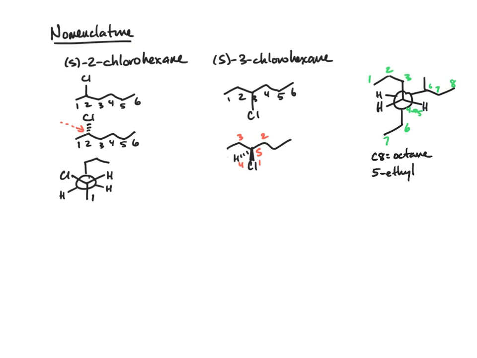And then what's off carbon 6? So then we're going to lump that together alphabetically. So ethyl and methyl. Five ethyl, 6 methyl octane.